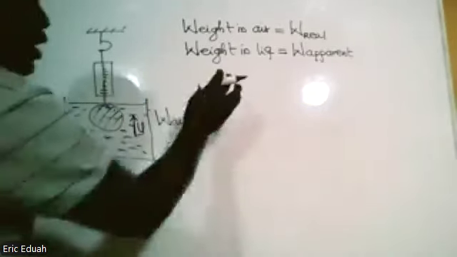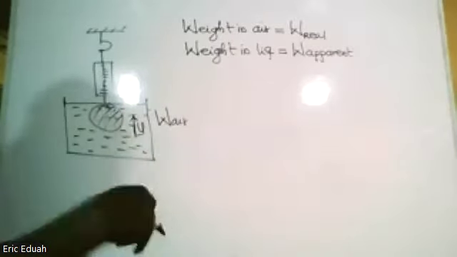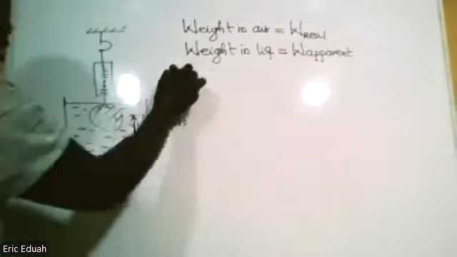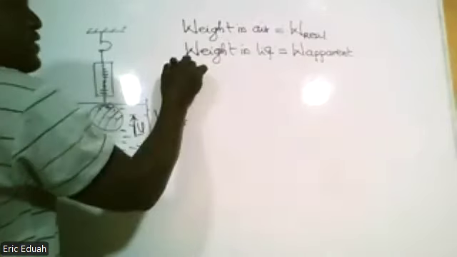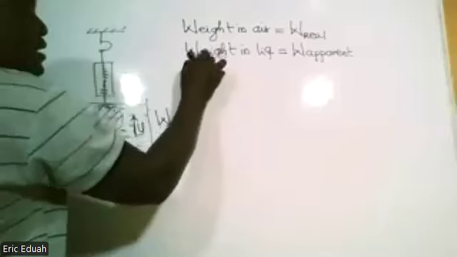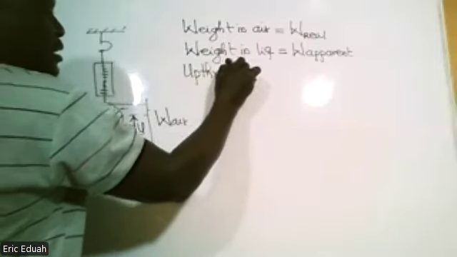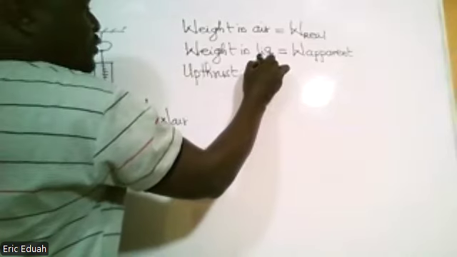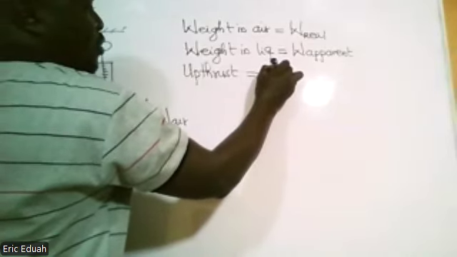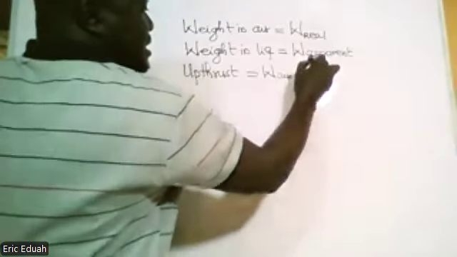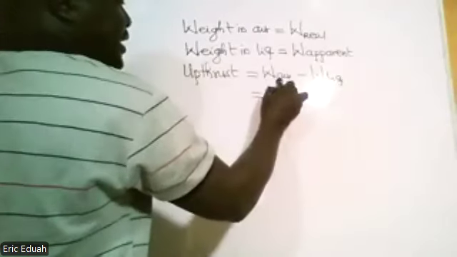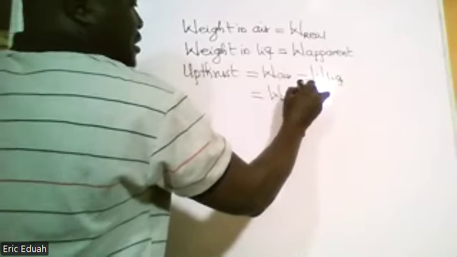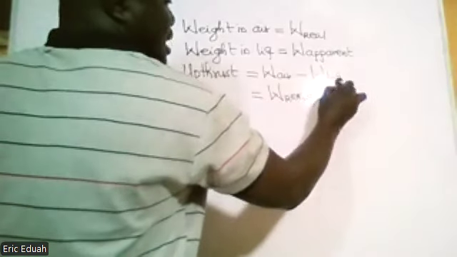All right. So the apparent weight is always a little bit less than the real weight. And supporting that, the difference of the apparent weight from the real weight gives an upthrust. So the upthrust is equal to real weight, or weight in air, minus weight in the liquid, or W real minus W apparent.